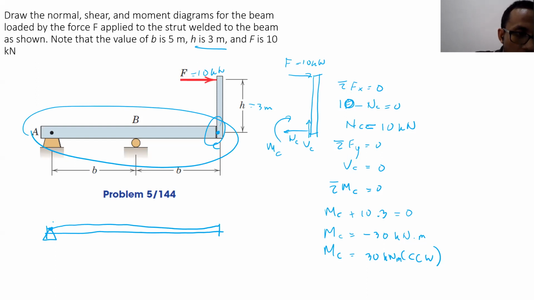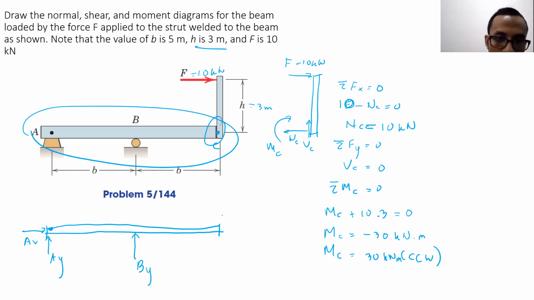This is because there is a pin joint there. So AX, AY, because there is a pin here. There is a roller here, so there will be BY, and at C there will be a moment of 30 kilonewton meter, because action and reaction previously is counterclockwise.